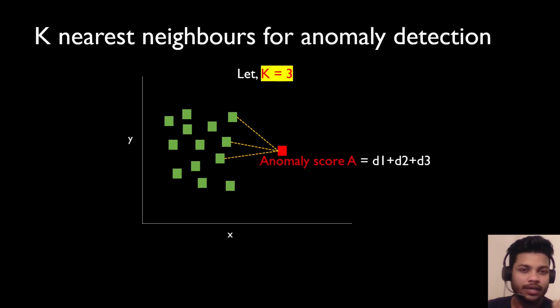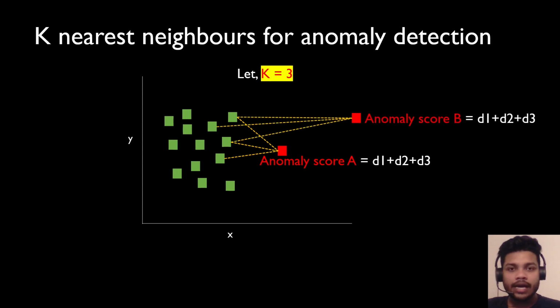We can calculate the sum of the distances or the mean of the distances, and that will be the anomaly score. If the anomaly score is small, that means it more likely belongs to the normal dataset. However, if the anomaly score is larger, then we can say that this data may not belong to our normal dataset and it can be anomalous data. For example, let's say this is the second point in our observation.